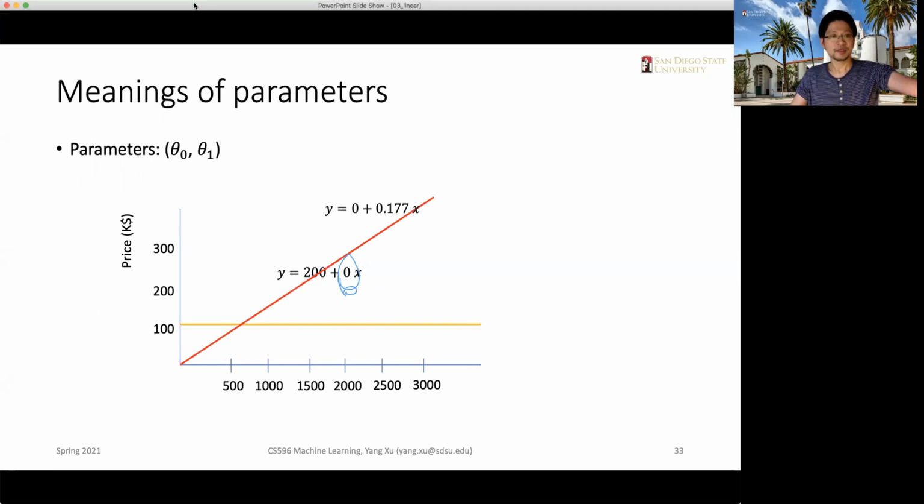Then if theta0 equals 0, it means that the line will go through the 0 point. So if we have a house of 0 square feet, the price will be 0. Which also makes sense, but usually when we fit a linear model, we don't leave the intercept to be 0.